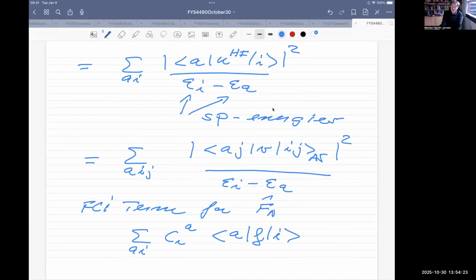Now, this F contains also the non-interacting piece, which we have shuffled over in the definition of the correlation energy. But if you look at the expression which we have for many-body perturbation theory, so here we also have H0 plus U Hartree-Fock. Here we have only U Hartree-Fock.